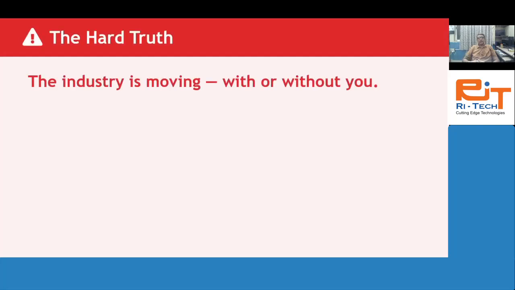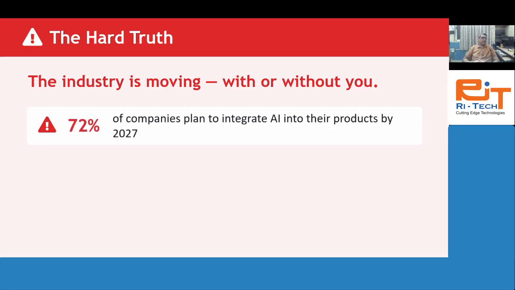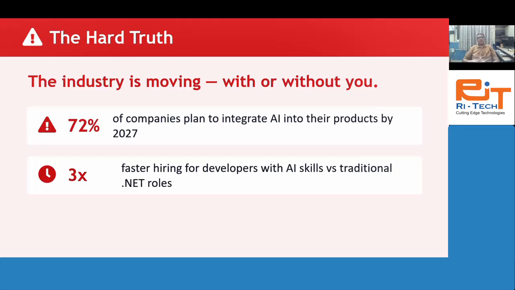Now, this is the hard truth. So, few things that you need to record in your brain. The industry is moving. So, with or without you. So, industry is changing, industry is evolving. So 72% of the companies plan to integrate AI into their products by 2027. So 3x faster hiring for developers with AI skill versus traditional .NET roles.